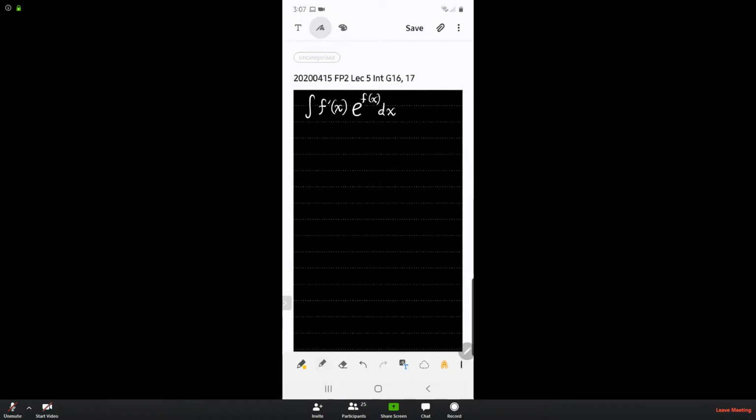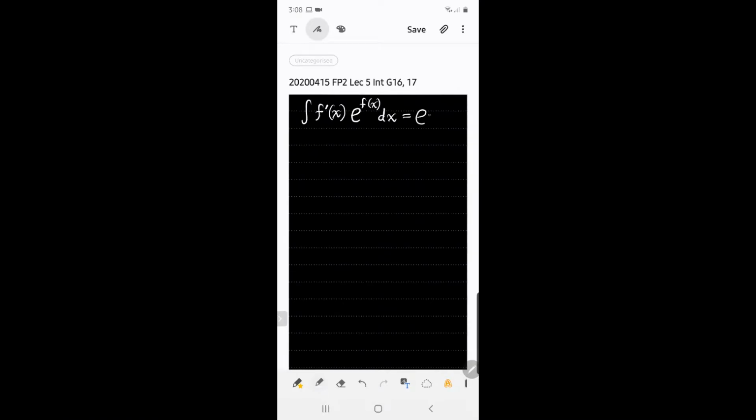Whenever I give you the exponential function like this, make sure the f prime basically means the differentiation of this f of x. If it is in front, then you can integrate this and get e to the power of f of x plus the arbitrary constant c, provided the f prime is in front.